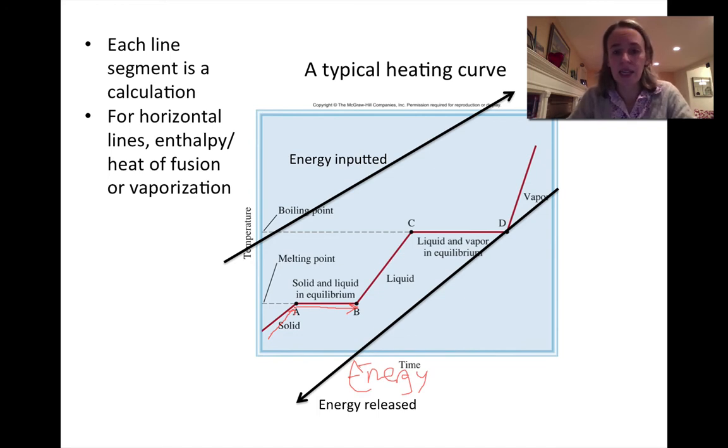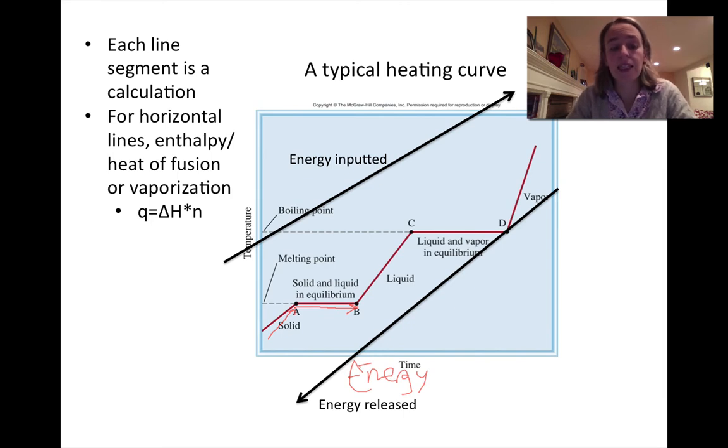For horizontal lines, this is when you've got two phases in equilibrium, like the solid and the liquid here, and the liquid and the vapor here. These calculations involve the molar heat of fusion or the molar heat of vaporization, also called the enthalpy of fusion, enthalpy of vaporization.